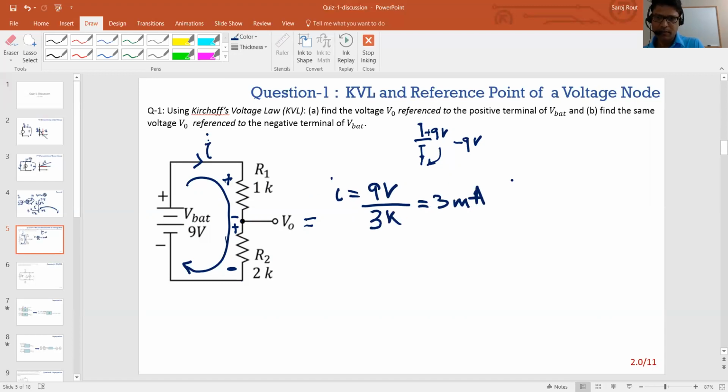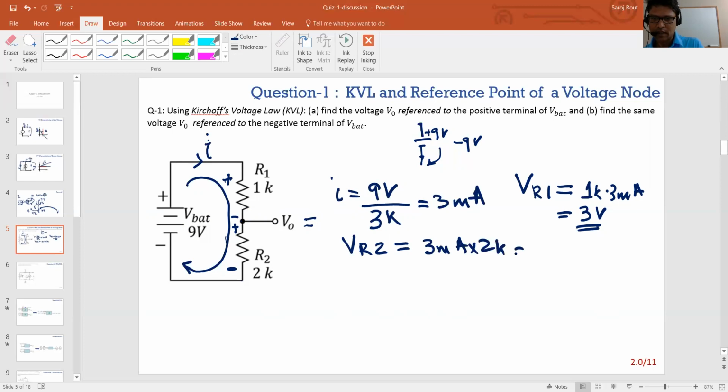So you have 3 milliamp flowing through this, and VR1, the voltage across this resistor with the potential convention I've shown here, plus here, is 1K times 3 milliamp, and that's 3 volts, right? And similarly, VR2 is 3 milliamps times 2K, and that's 6 volt. So you got 3 volt here, 6 volt here.